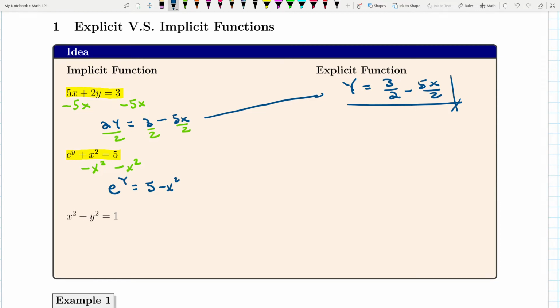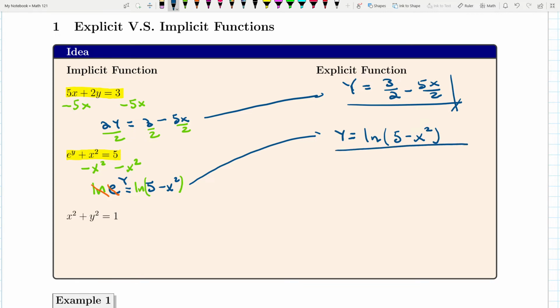To solve for the exponential, we need to undo the exponential by doing the inverse operation, which is to take the ln. The ln and the exponential cancel, and it is possible to get y by itself, which is the ln of 5 minus x squared. So that's the explicit function.